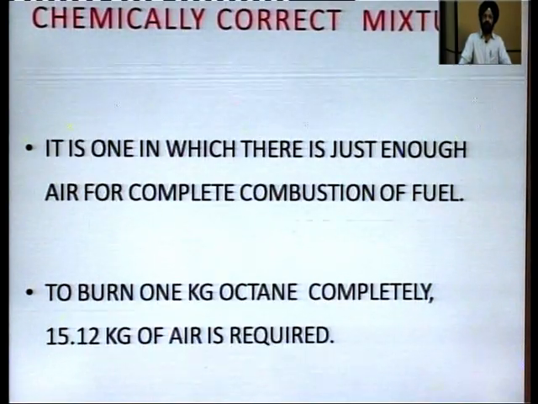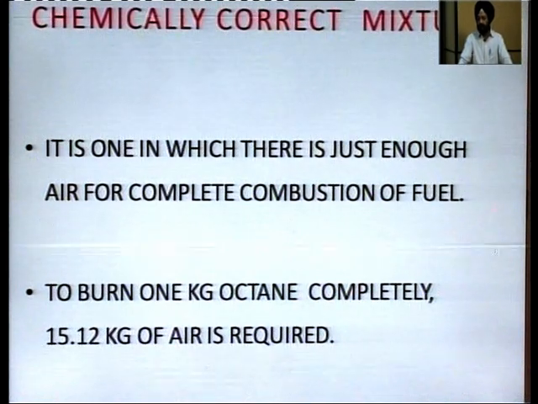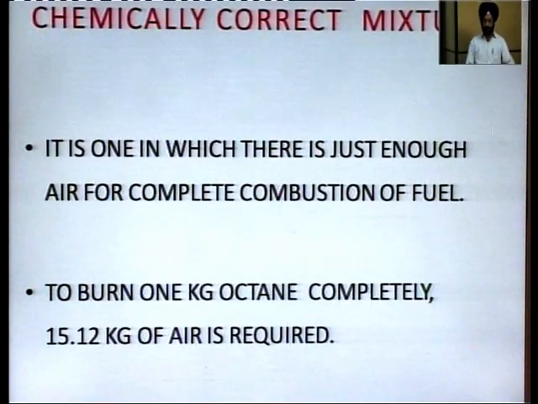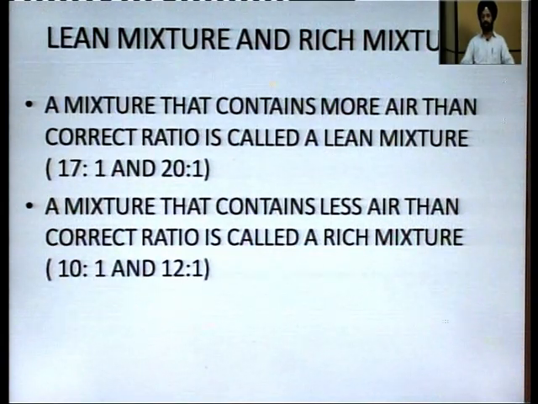So if we make a mixture of 15.2 kg of air and 1 kg of fuel, or in these proportions, then it is a chemically correct mixture. The whole air available and the fuel are in chemical equilibrium to cause an oxidation reaction.